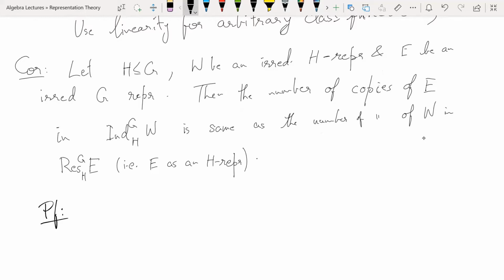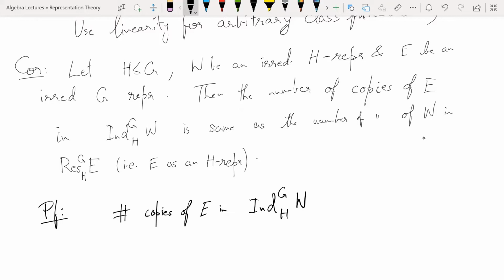So chi E is the character for E. Let's just write this: the number of copies of E in GHW. GHW is some representation. We want to figure out the number of copies of E in this.